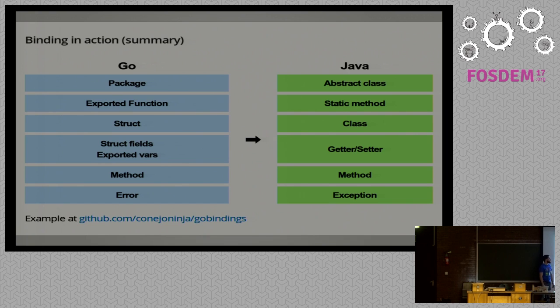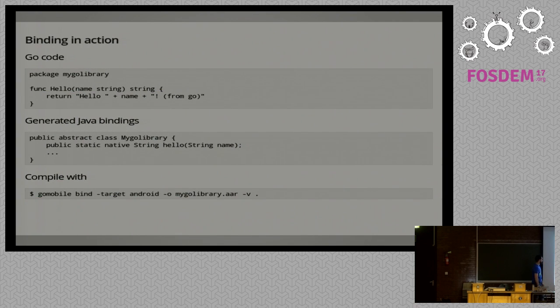The package will be transferred into a class, and the Hello function is now a static method of the myGoLibrary class. One thing to point out is that in Go we have an uppercase H, but in Java it's lowercase.